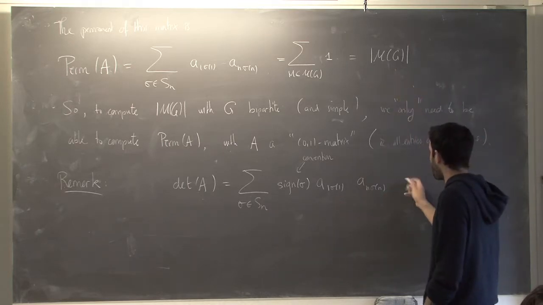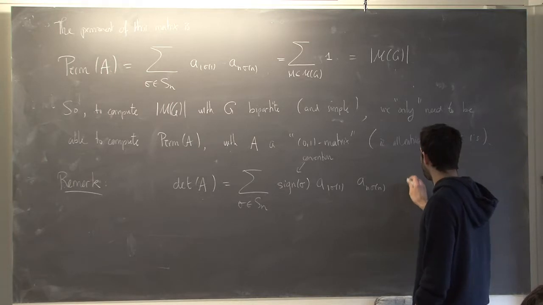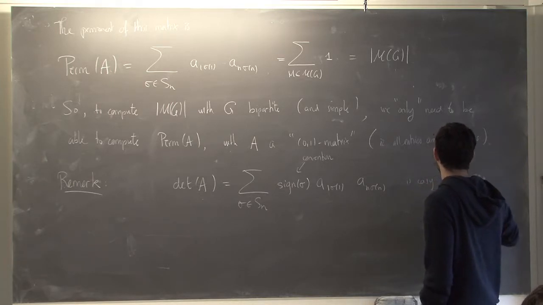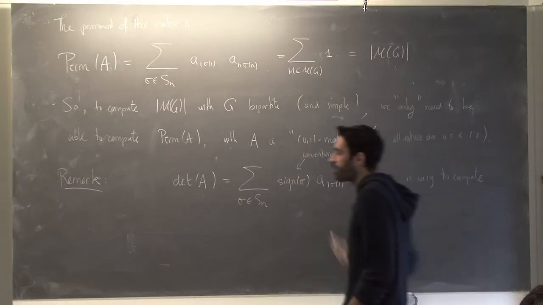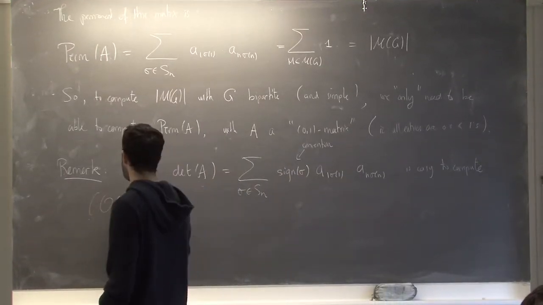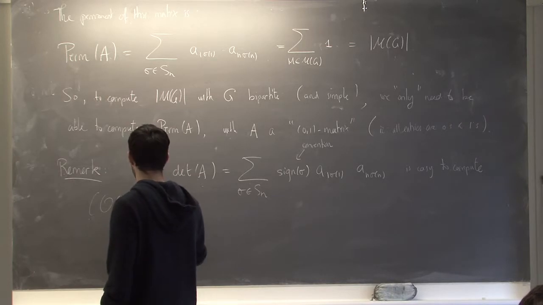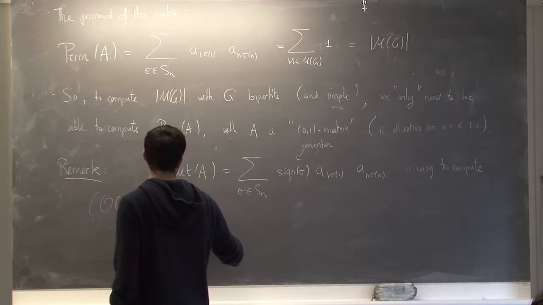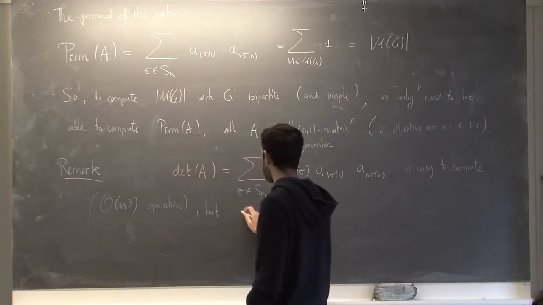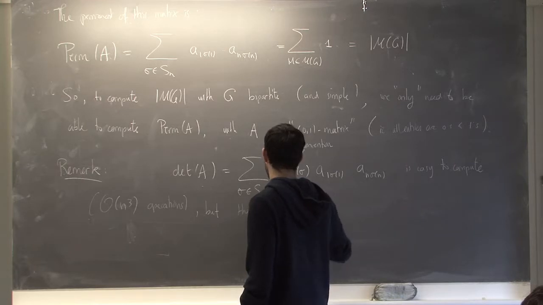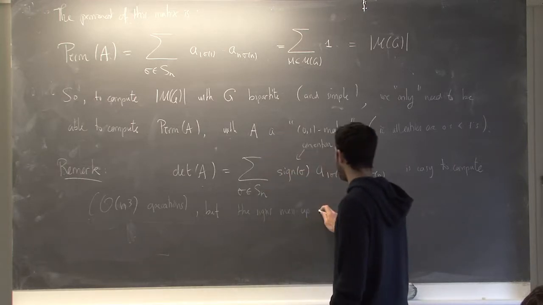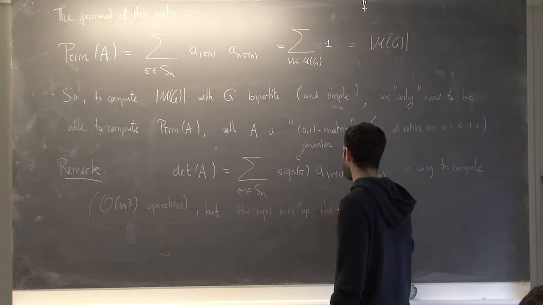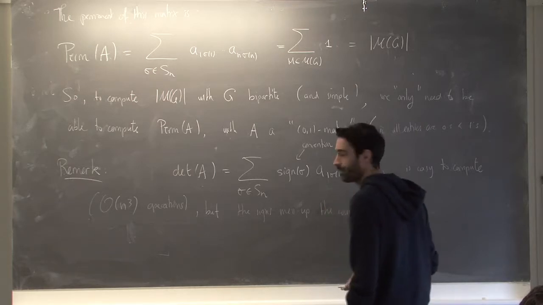It's easy to compute, you all know that by Gauss algorithm, for example, you can compute this in O(n cubed) operations. But on the other hand, the signs mess up the count in general.